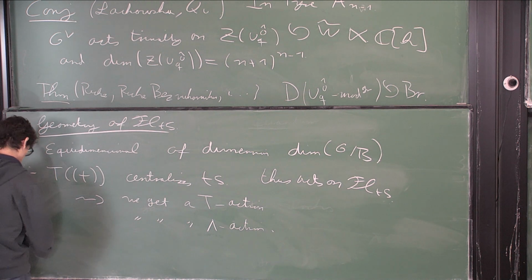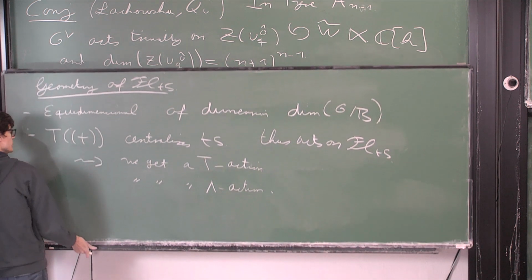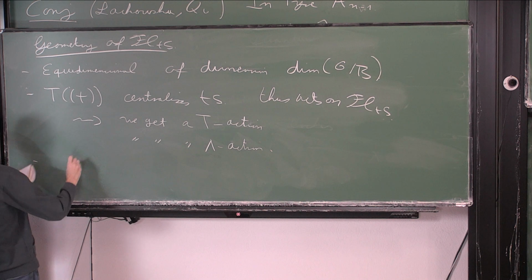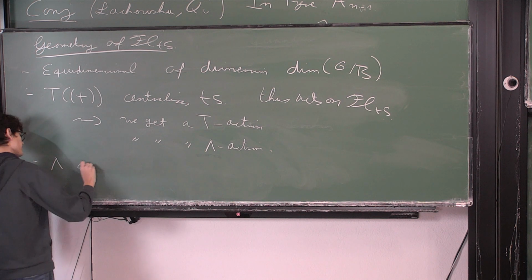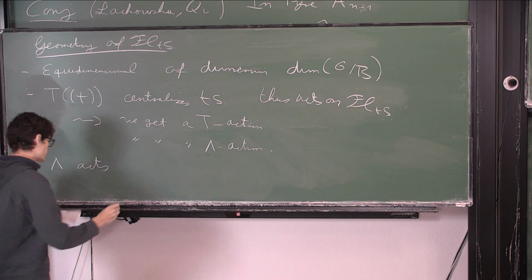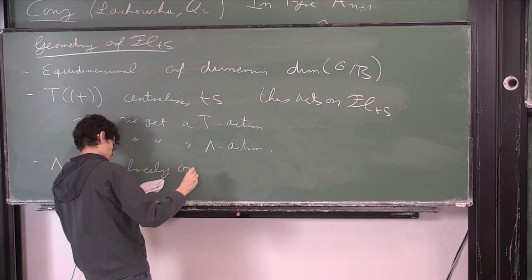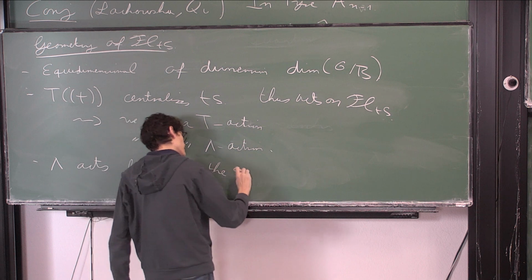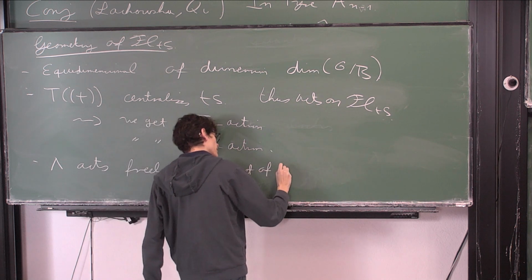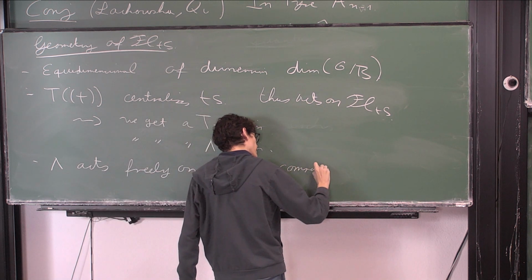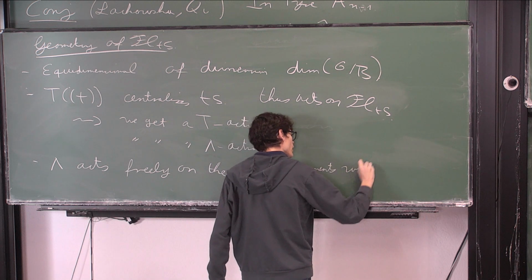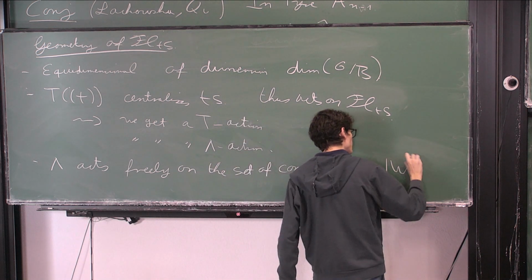And in fact, this lattice, lambda, acts freely on the set of components, with the size of the Weyl group many orbits.